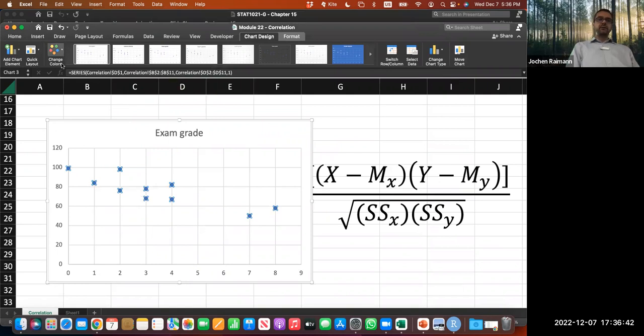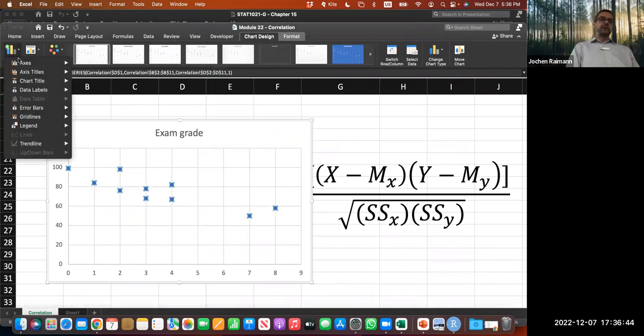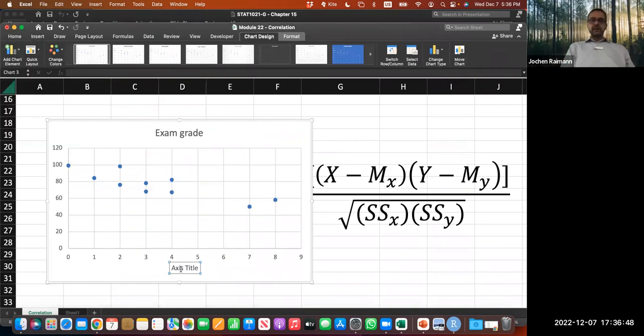What is new? Now what we need to do is always make sure that you have labels. So basically, you want to label the axis. You want to say these are the absences count.